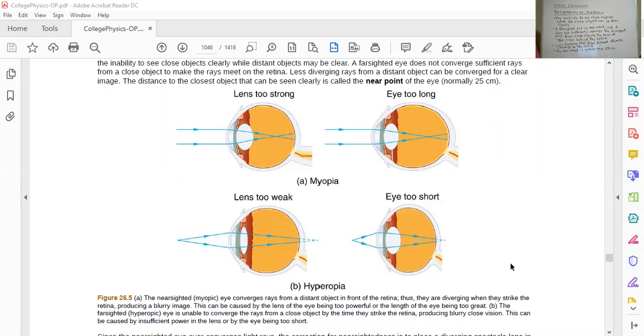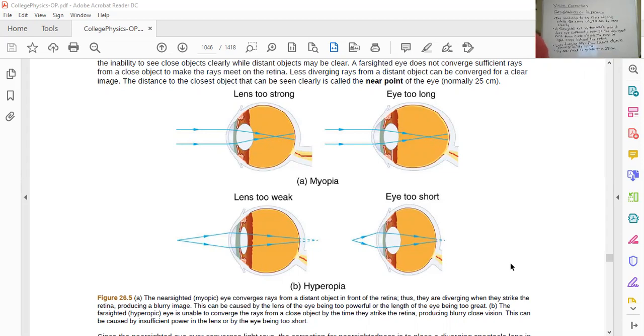Or you can have another problem where the lens to retina distance is too long, so the eye is too long. That's my problem. My eyes are shaped more like footballs. So again, in the upper left corner, the lens is too strong. It refracts light too strongly, so that the rays cross in front of the retina.